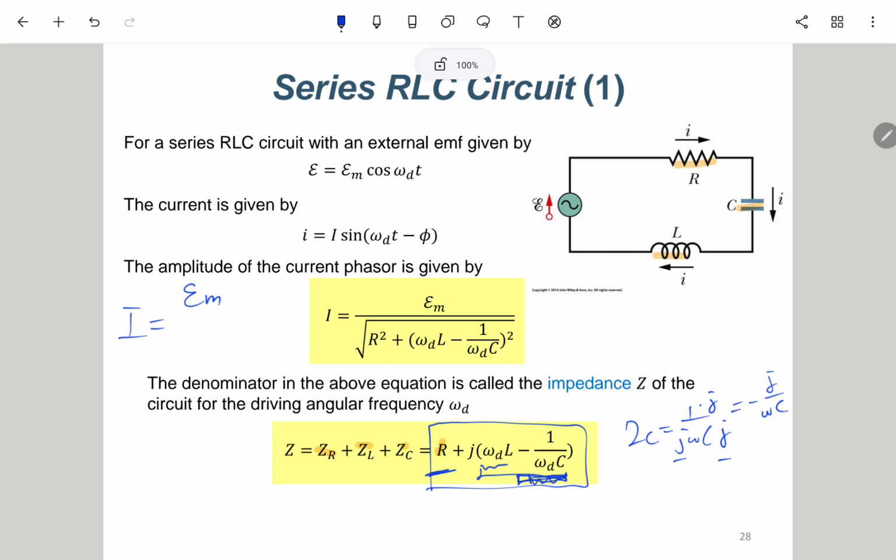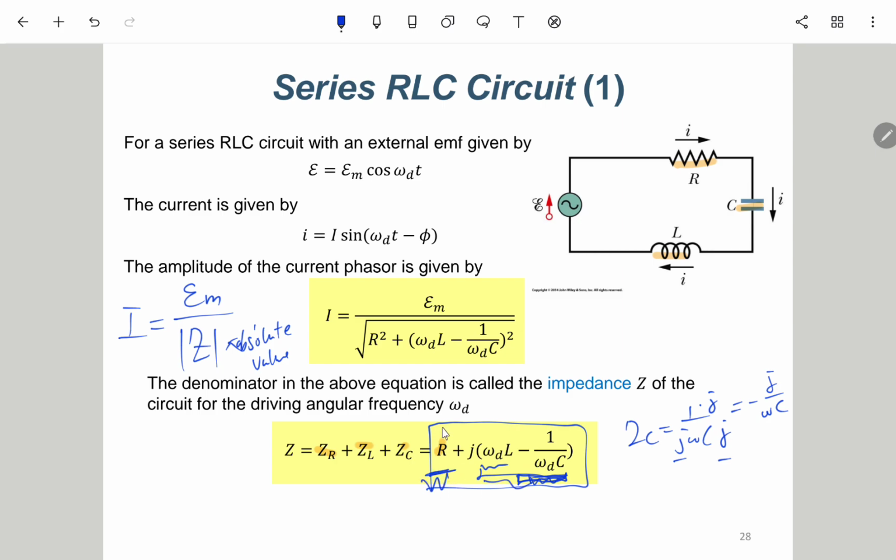So this EM is like the phasor of the voltage, over the absolute value of Z. So absolute value of Z, how to take? This is the real part, this is the imaginary part.